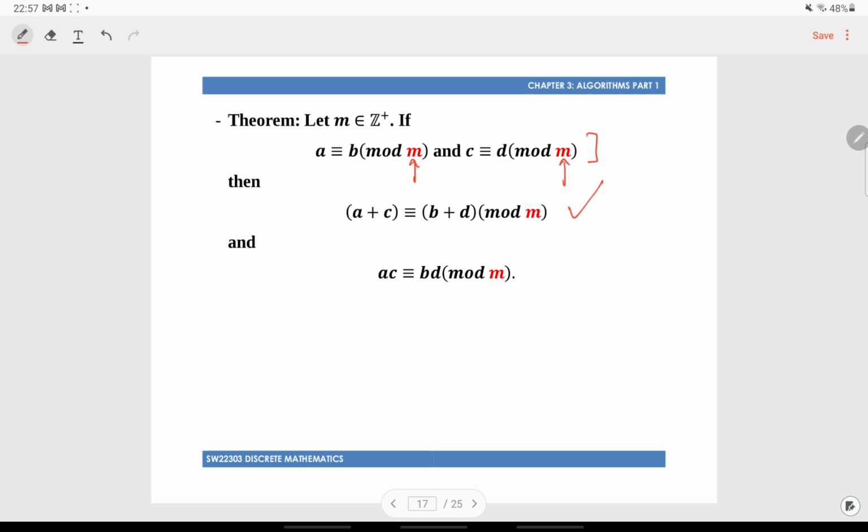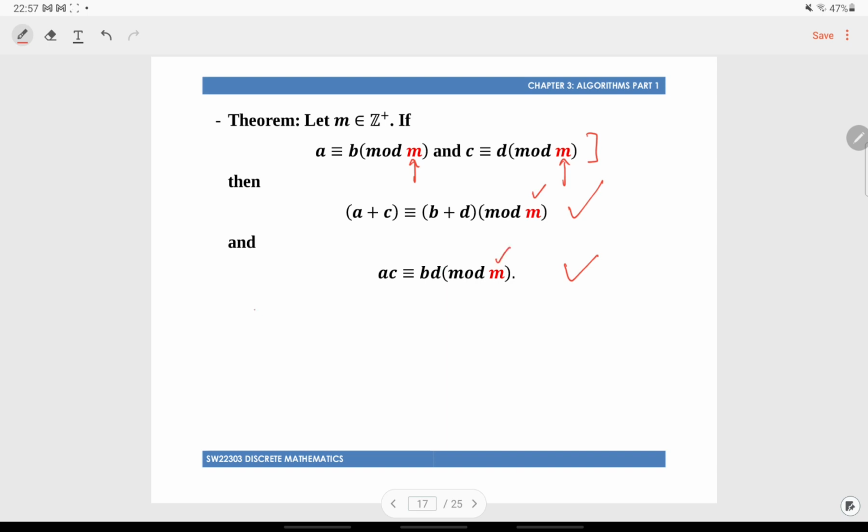Not only for addition, it is also applicable to multiplication. So a times c is congruent to b times d mod m. From these two relations, what does it mean? It means a plus c minus b plus d is divisible by m, and ac minus bd is also divisible by m.